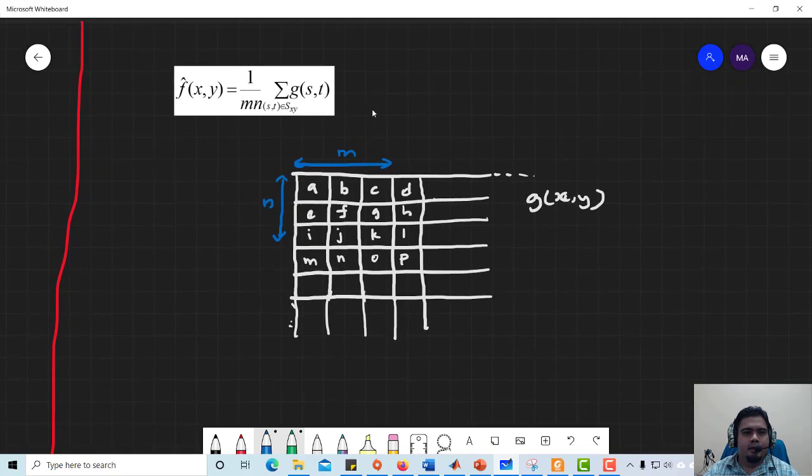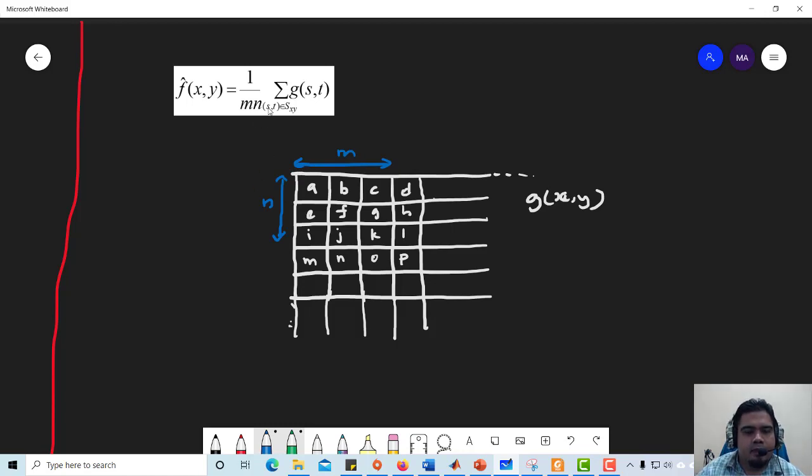Now let's interpret each notation one by one. This m and n is the window size. For this example we are using a window size of 3 times 3, so that's why I label m as 3 pixels and n as 3 pixels.